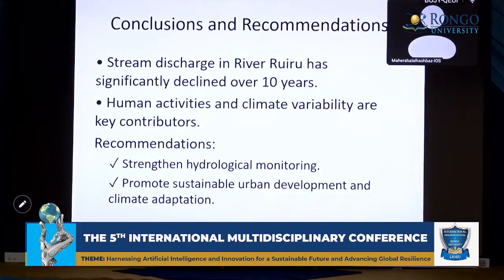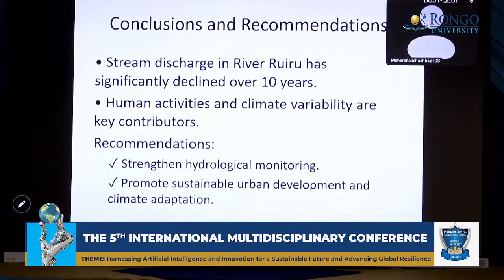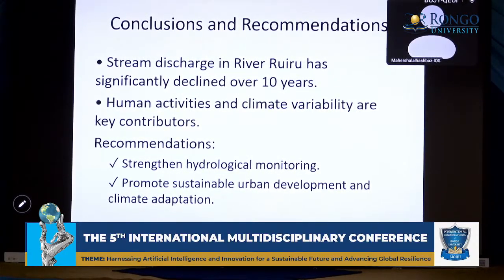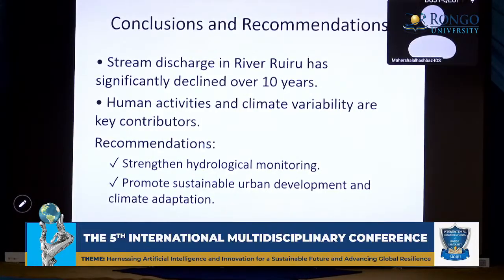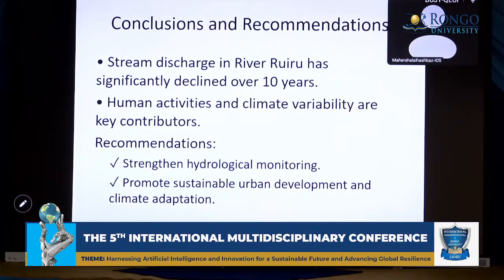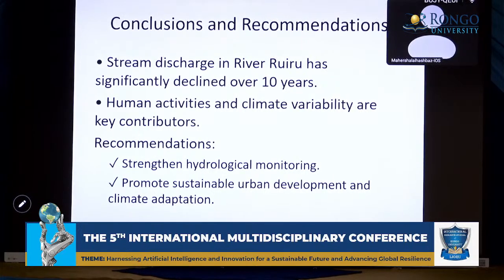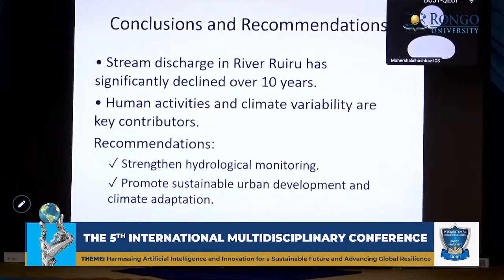And therefore, we recommend that we enhance hydrological monitoring systems, because this is one of the reasons why we do not have data sets since 2024. Yet, from 2006 to 2016, we've seen a decrease.